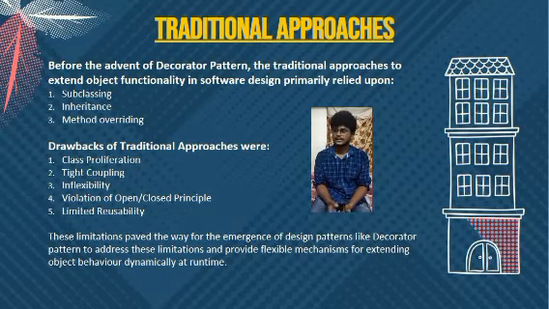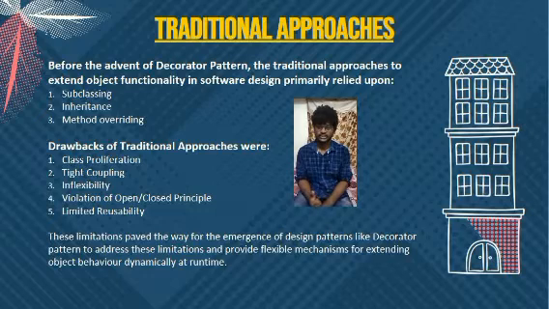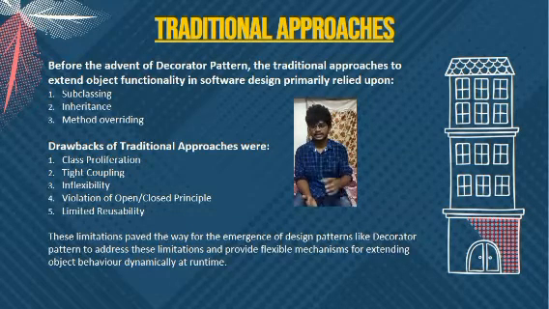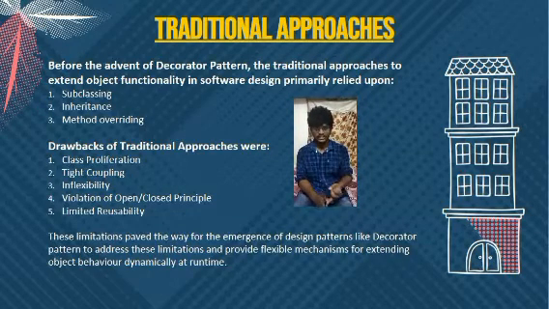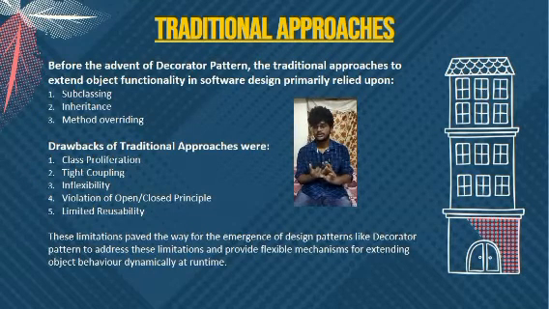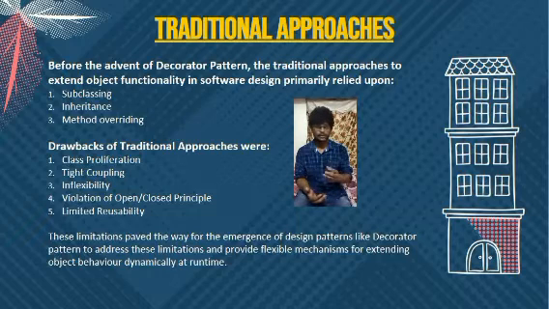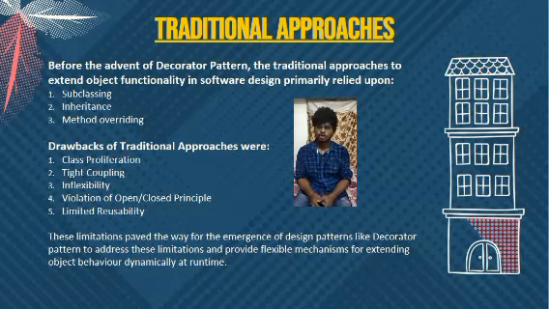The drawbacks in traditional approaches involve class proliferation, which leads to creating subclasses for each variation or combination of behavior. Tight coupling is the second drawback. Changes in one class may require modification to its subclasses, which is not necessary. Third one, inflexibility, which leads to difficulty to modify or extend behavior at runtime, which is dynamically.